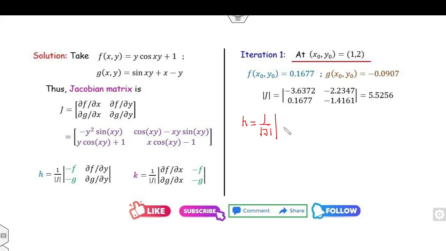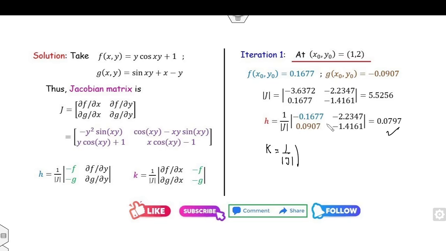I can replace the first column with the negative of f and the negative of g, and the second column is the same. After finding the determinant, you will get the value of h is 0.0797. Similarly, for the value of k, I can replace the second column of the J with the values of minus f, minus g.